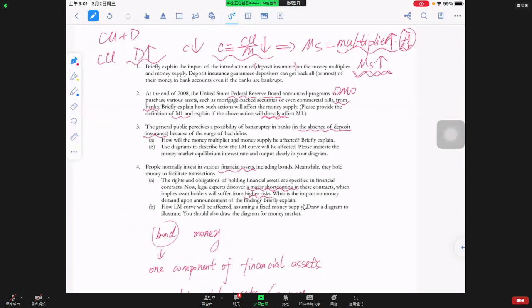I don't know in which step I made the mistake, but the answer is that finally the multiplier will increase and the money supply will increase. Maybe I said decrease just now, so a clarification: the money supply will increase and the money multiplier will increase.